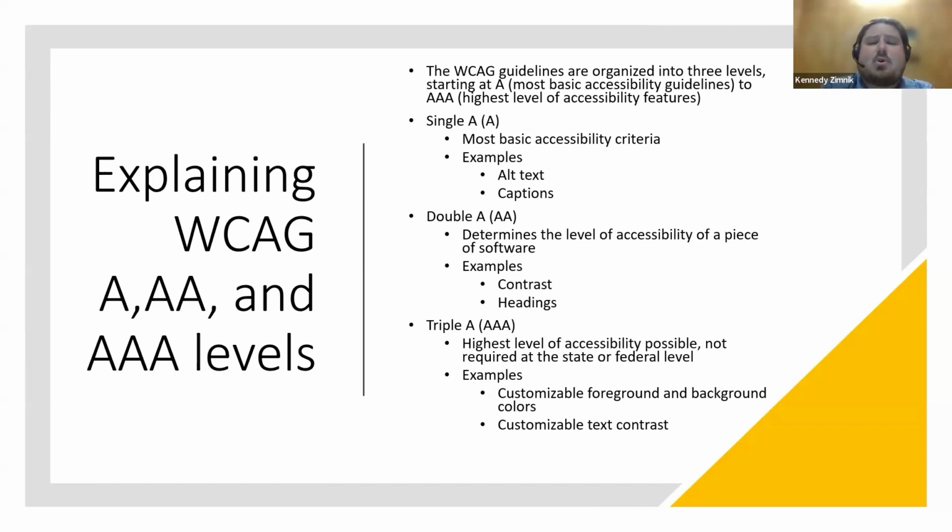AAA gets into more specific features for specific disabilities, things like customizable text contrast, customizable text, colors, things like that. AA is the standard that we're most interested in, and if it is accessible to AA standards, then it is accessible.